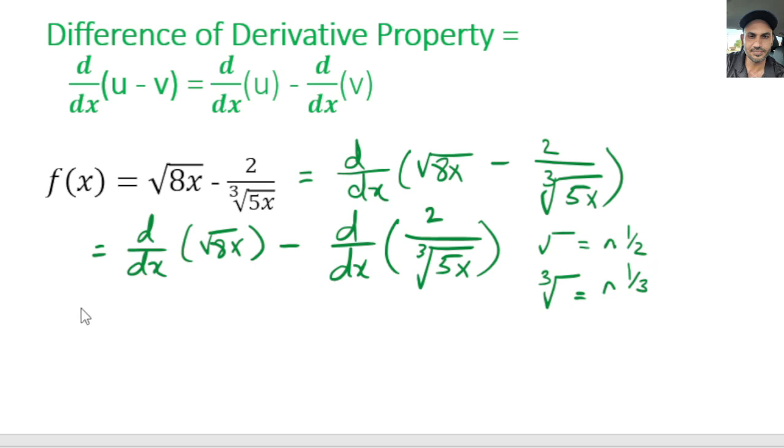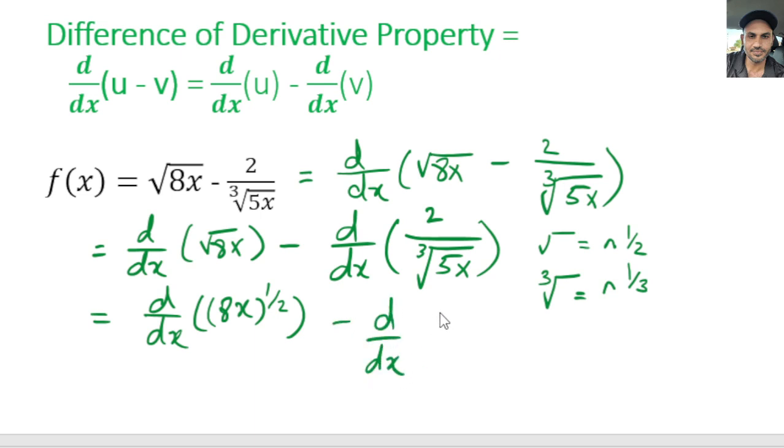So I'm going to go ahead and make a substitution for that. So we have d over dx, and instead of square root of 8x, I'm going to write it as 8x to the 1/2, minus d over dx of 2 over 5x to the 1/3 power.